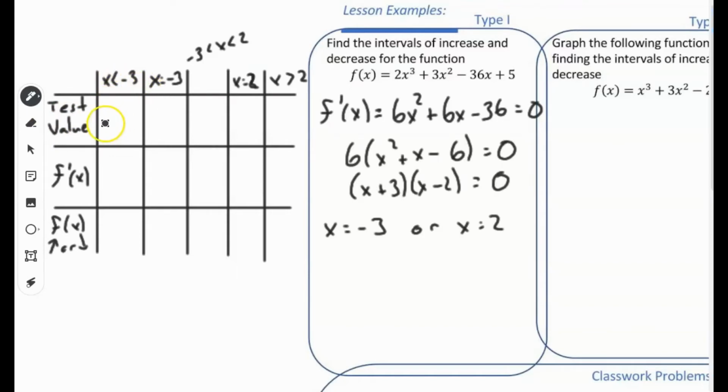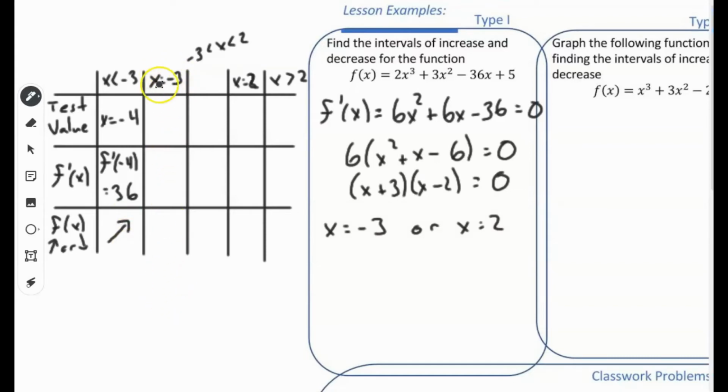A good one might be x equals negative 4. So you can plug x as negative 4 into our derivative function. If you plug it into here, you'll get 36. So that's a positive value. So that tells us our function at that interval is increasing.